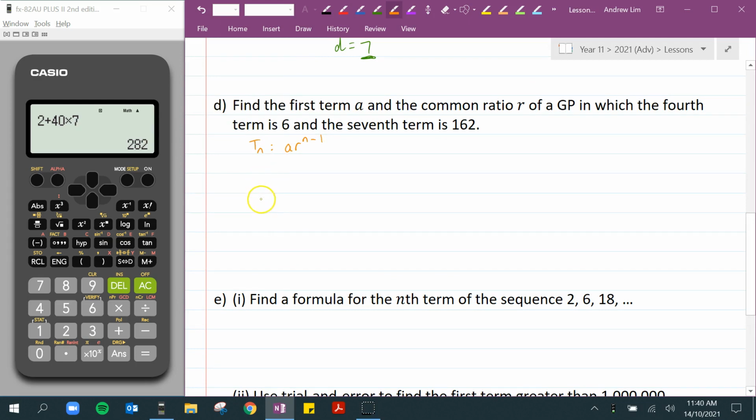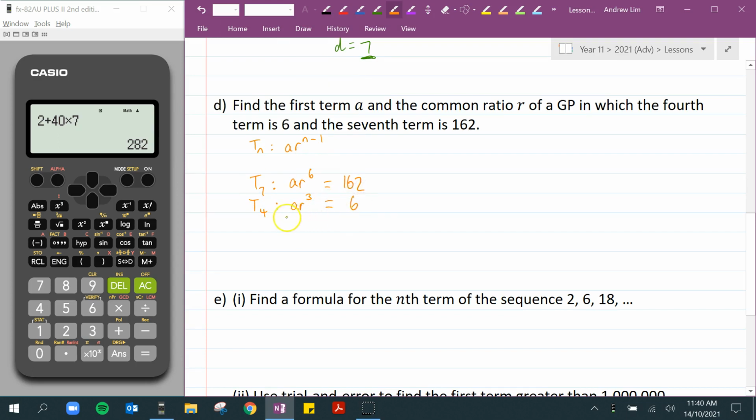So we know that the seventh term, I'm going to start with the seventh term, is a r to the power of 6. And we know that's equal to 162. Whilst the fourth term, which is a r to the power of 3, remember n is 4, so n minus 1 is 3. Here n is 7, so n minus 1 is 6. We know that the fourth term is 6.